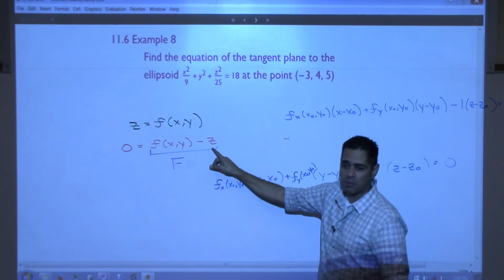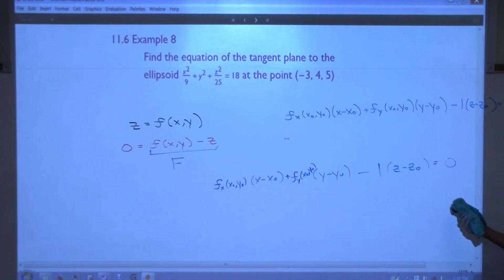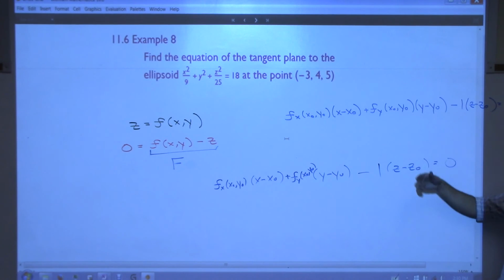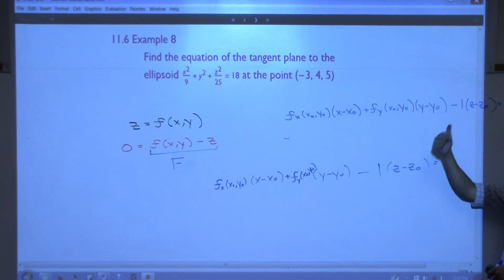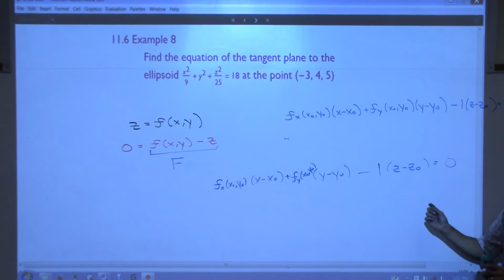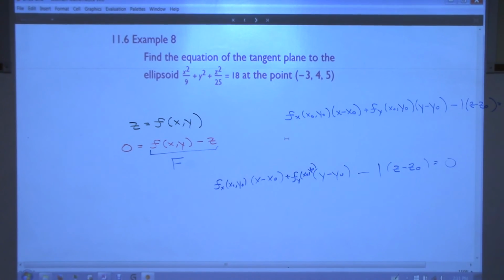What's the partial of this with respect to z? -1. There it is. So the formula I gave you today actually came from this one, not the other way around. That one comes from the previous note. Got it? Okay.